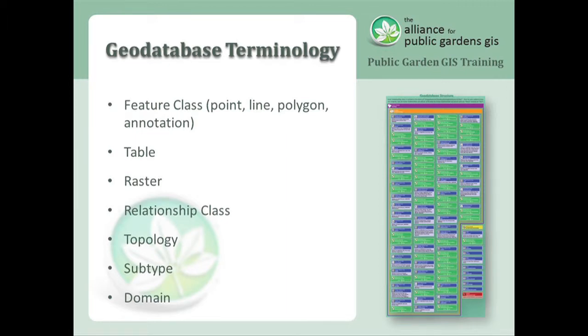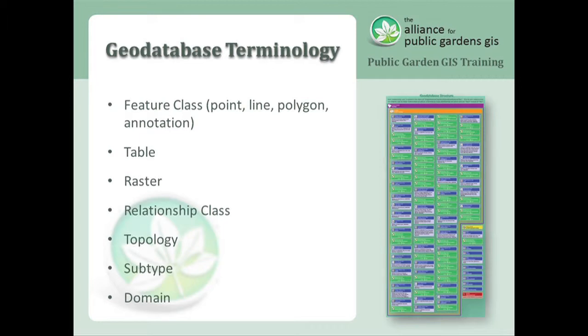Finally, the last object on our list here is a domain, and a domain is a list of valid values that can go in a particular field. So perhaps when you're out collecting data, you want to have a drop-down list to make your data collection a little bit easier, and that drop-down list maybe contains all of your accession numbers.